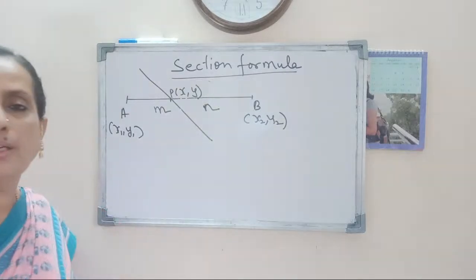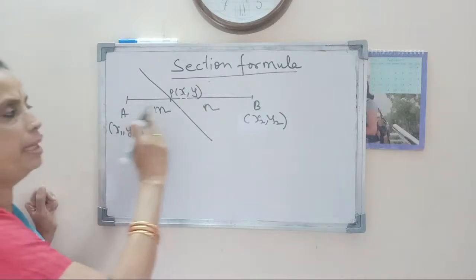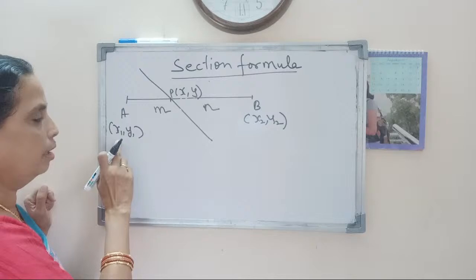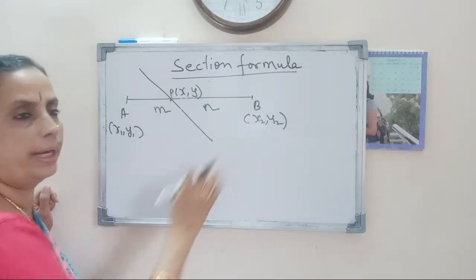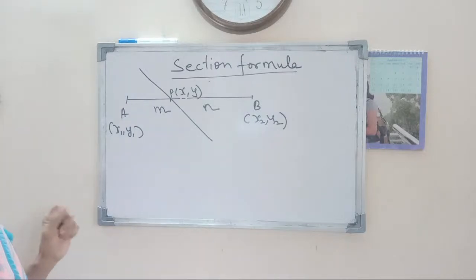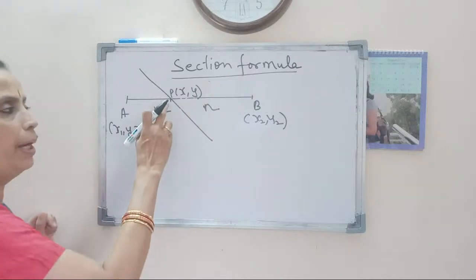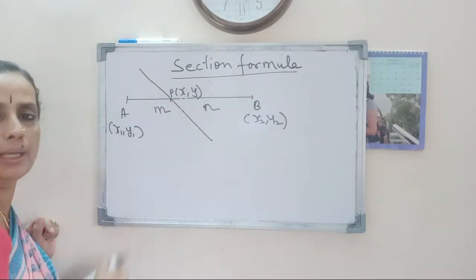Don't write anything now. Listen to the explanation. I'll give the notes. AB is a line segment with A x1 y1 and B x2 y2, and it is sectioned at point P whose ordered pair is x comma y.